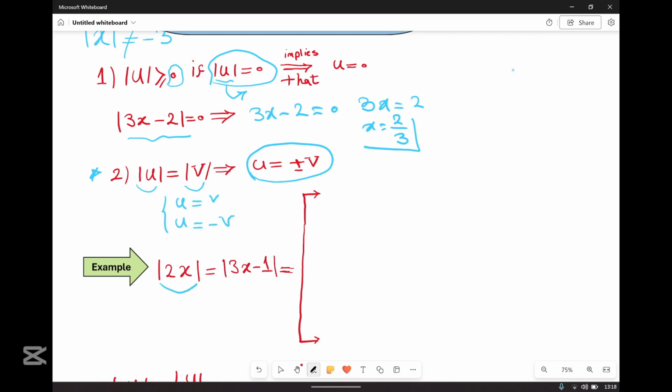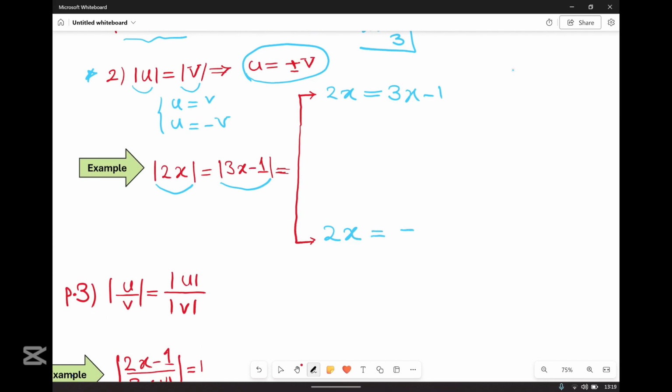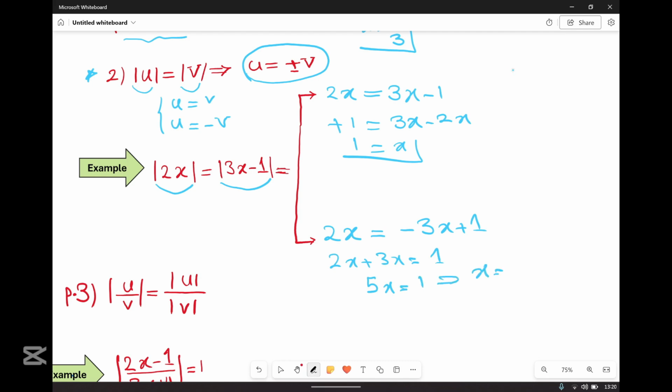For example, if these two absolute values are equal, 2x is equal to 3x - 1, or 2x is equal to -3x + 1. If we solve this, moving x to the left, x is exactly 1, and for the other one, 2x + 3x is 1, 5x is 1, and x is exactly 1 over 5.